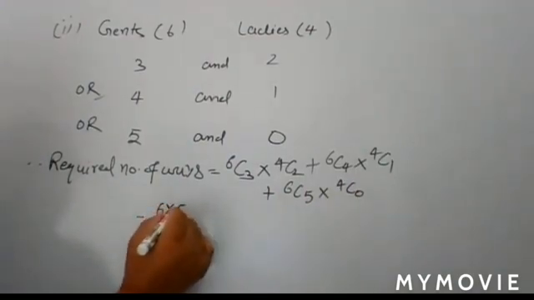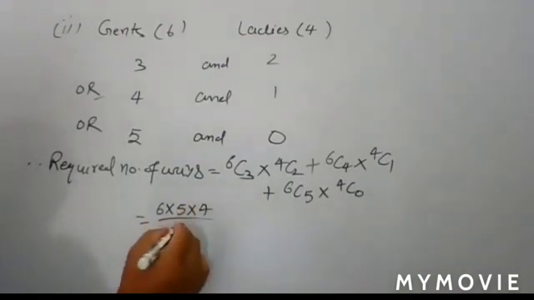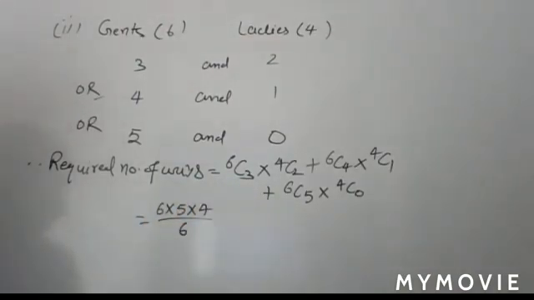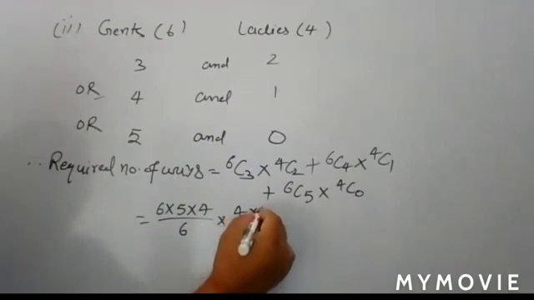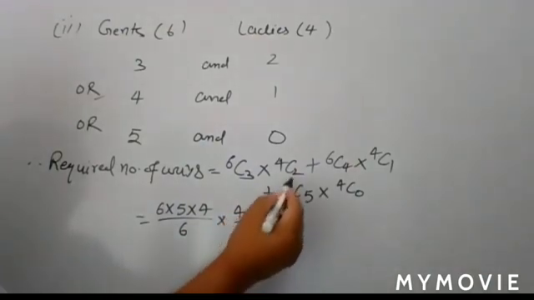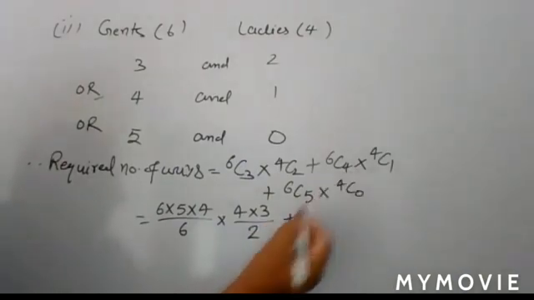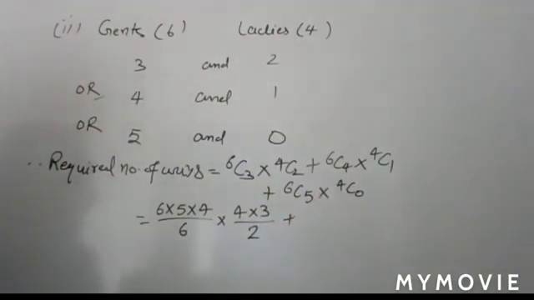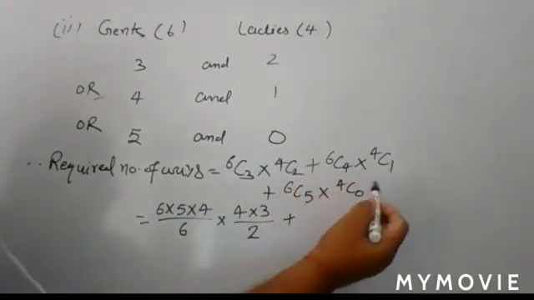So 6 into 5 into 4 divided by 3 factorial, and the value of 3 factorial is equal to 6, is equal to 6 into the value of 4c2. So you start with 4 and make 2 factors by decreasing by 1. So 4 into 3 divided by 2 factorial, and the value of factorial 2 is equal to 2. In the same way, 6c4 can be written as 6c2, means 6c(6 minus 4), which is 2.